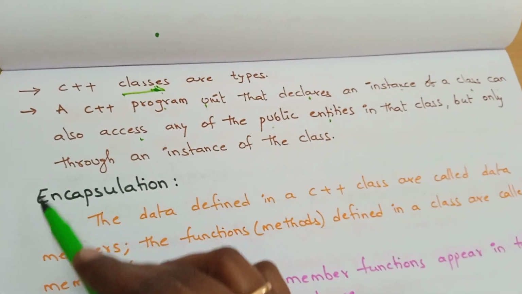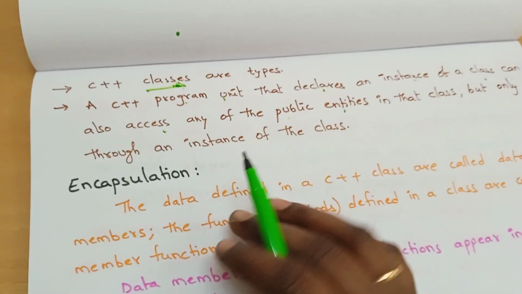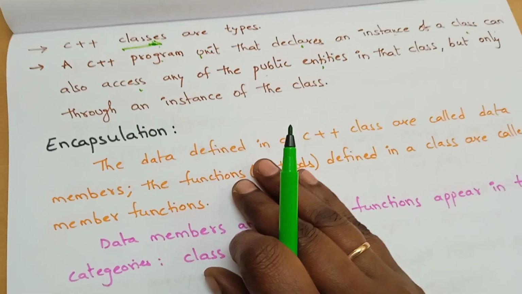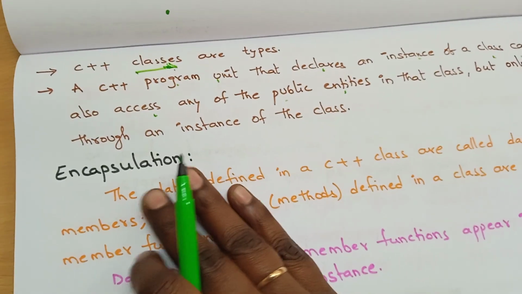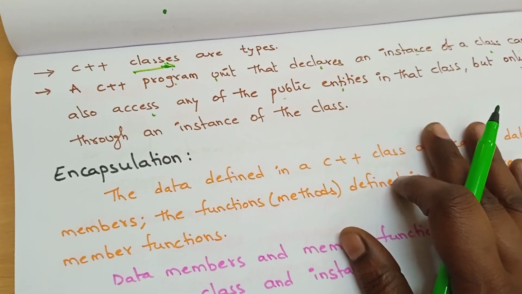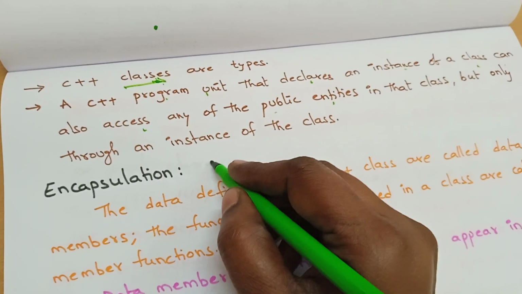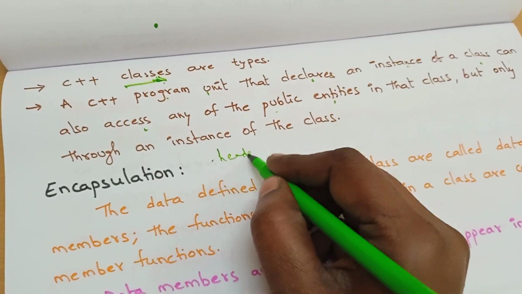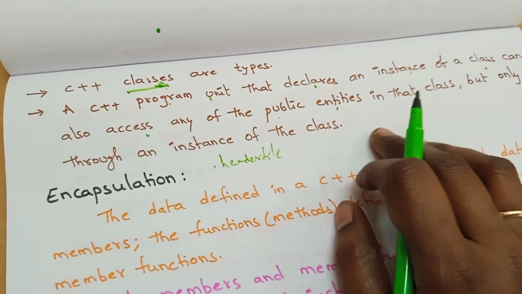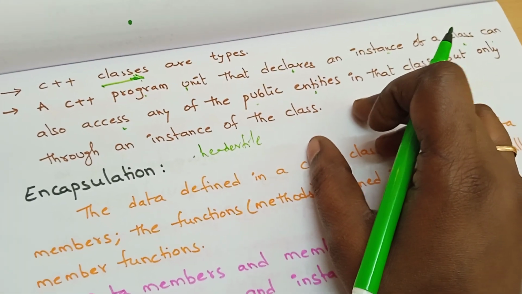Encapsulation is one of the features of object oriented programming. Encapsulation is supported in C++, and generally we say encapsulation is wrapping up of data or combining individual classes together. We generally see encapsulation in C++ with header files, for example when you take the header file #include iostream. iostream has a collection of classes together.